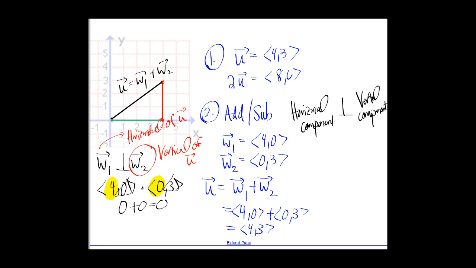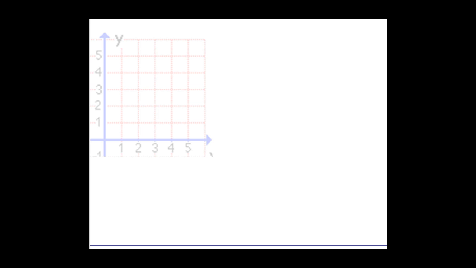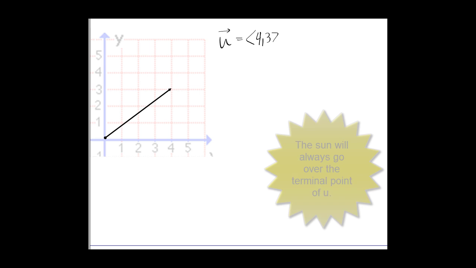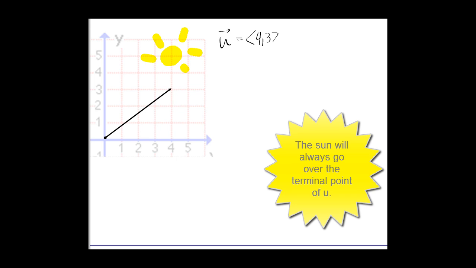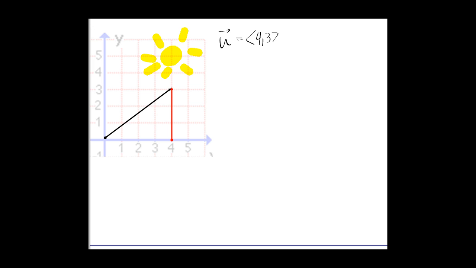So let's start with vector u as being 4, 3. The easiest way to break it down is to let part of the x-axis be the horizontal component. So let's add a little sun into this picture over the terminal point of vector u, assuming it's straight overhead. Now the vertical component is sketched in, and the horizontal component is sketched in as well.